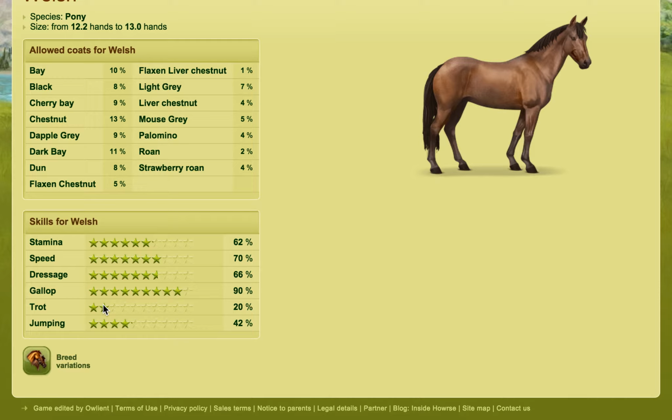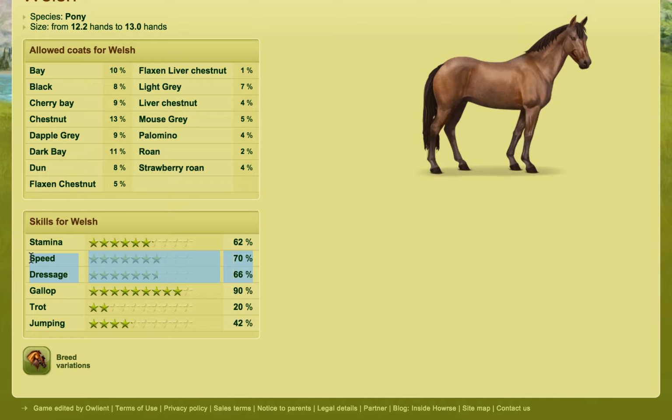Now, having said that, just using this example, this horse here you can see is very close in how good it is in speed and dressage, 70% and 66. I have seen purebred horses change their skill sets, but this was actually not supposed to happen.